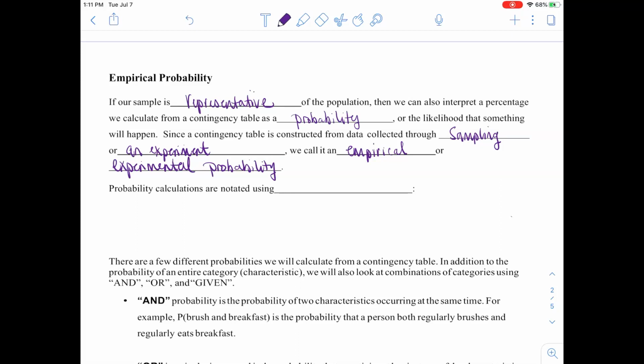Now, to write probability, we have to know a certain notation. We're going to use probability notation. When you're stating the probability, we state a big P, that stands for probability, and then in parentheses, we put what we're finding.